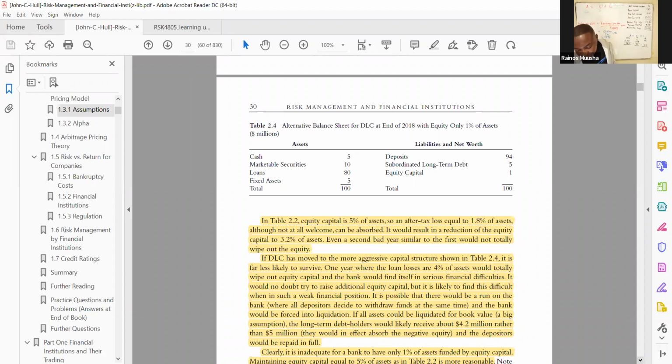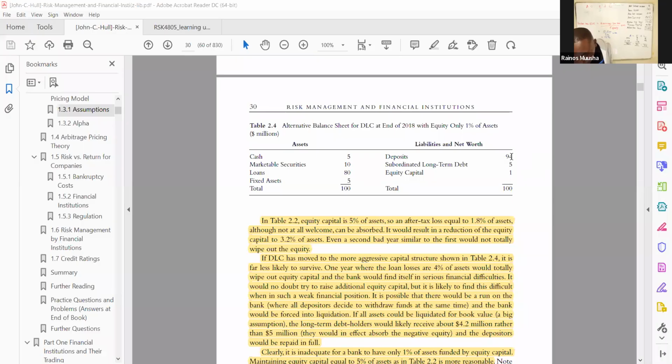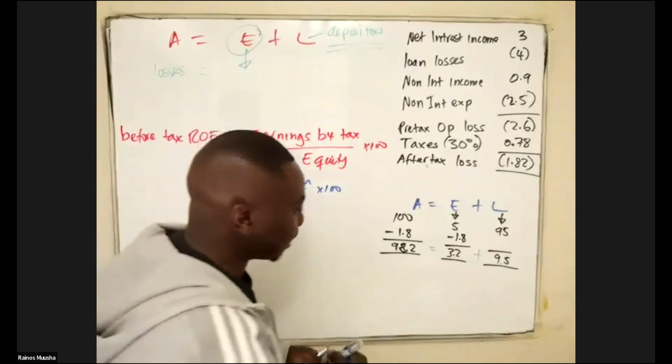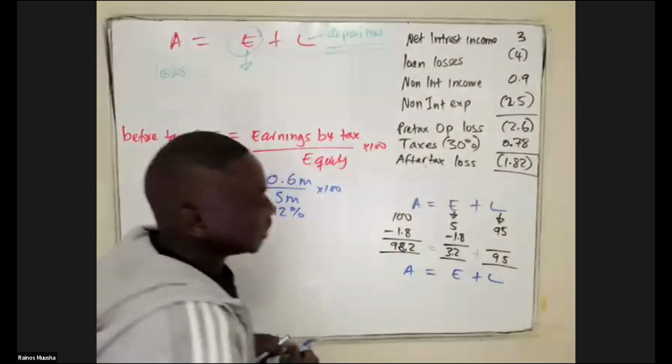So which means in the second scenario, remember the second scenario is where we are saying we have depositors worth 94 million and our equity capital is equal to 1 million. So what does that mean? If that is the case, we know our assets equal equity plus liabilities.